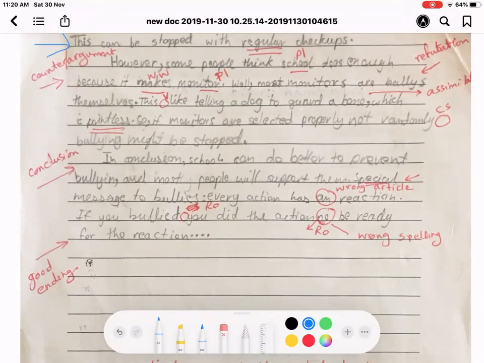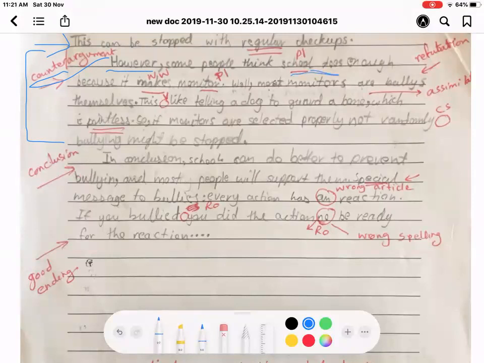The last paragraph in the body is the counter argument, and he started talking about the other opinion. He said, "However", which is quite a proper conjunction, "some people think a school should be"; it should be "schools do".